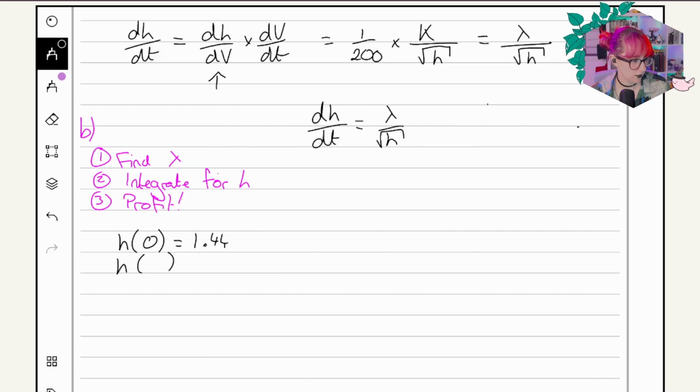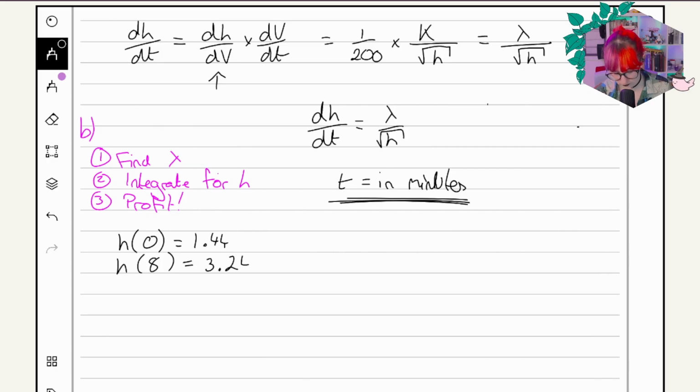So I can stick with 8, but I'm now saying that t is measured in minutes. So if at some point I do something in seconds, someone clock me, because I've changed my values. But we can stick with minutes because I don't think we're doing anything with flow rate. And that was 3.24 meters.